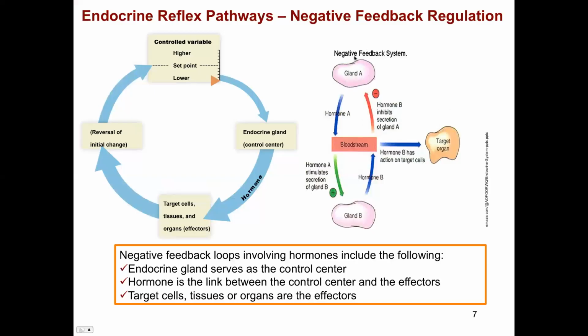So in this case, we have gland A that is responding to some sort of an effect. Its hormone is released into the bloodstream, and that's going to then affect gland B, which is going to release hormone B. And hormone B, when it goes up, is going to turn down gland A as a negative feedback, but it's going to act on a new target organ.